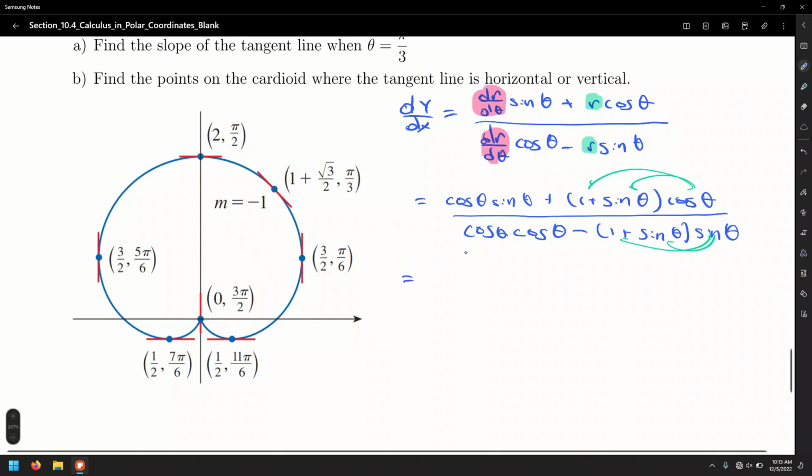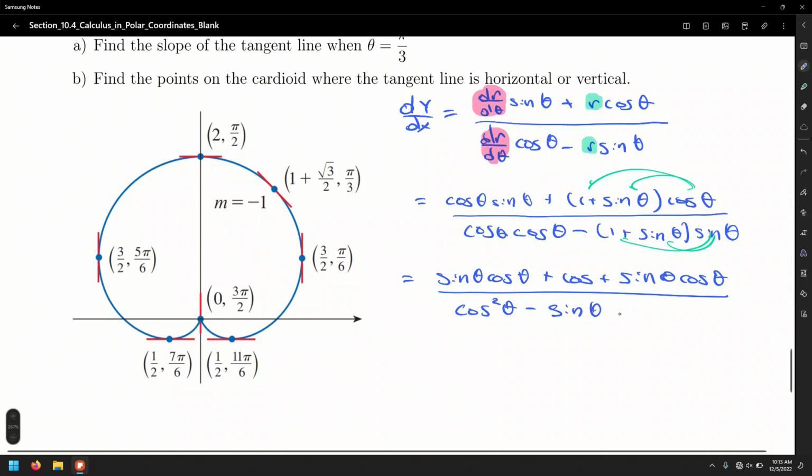So that's going to be sine cosine plus cosine plus sine cosine, divided by cosine squared, and minus sine, and minus sine squared theta.